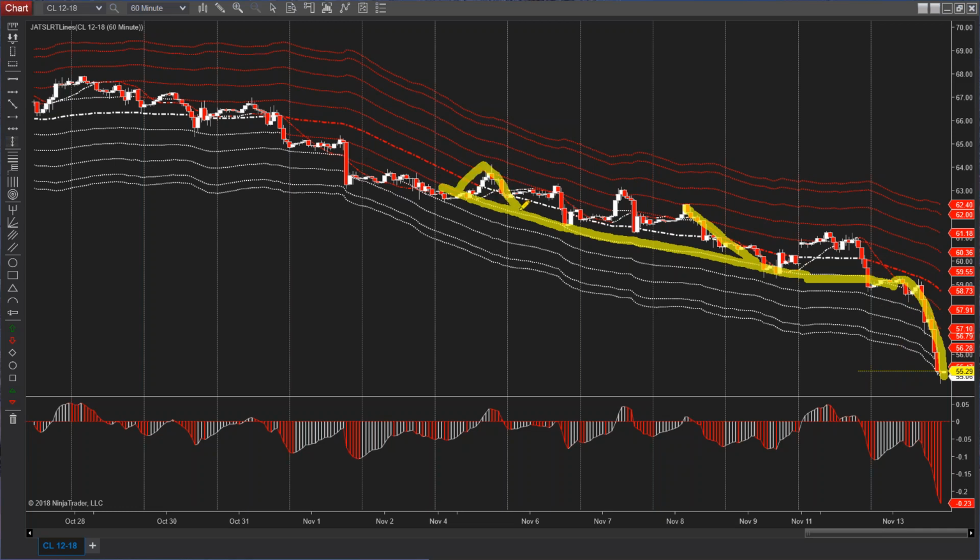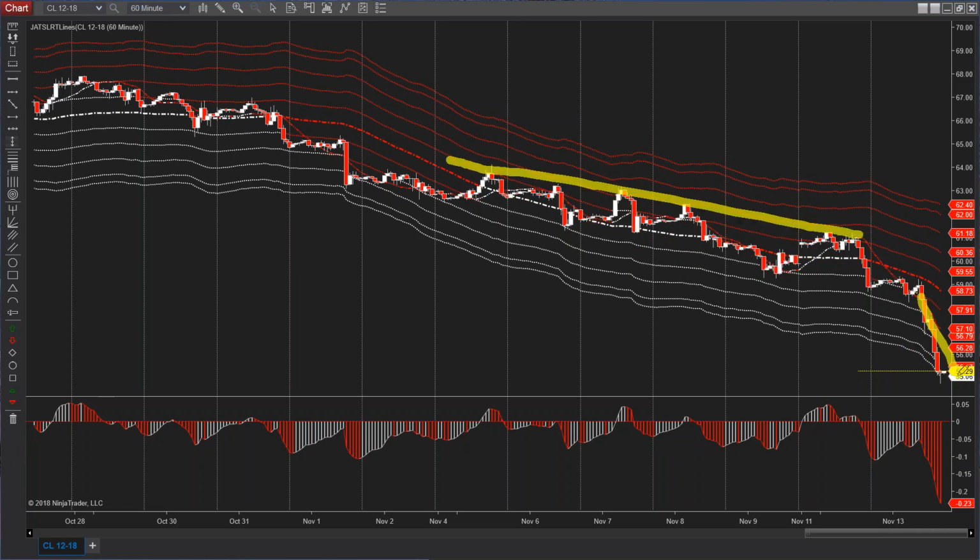So we broke the pattern, and the market's just, this is algos, and this was algos on hyperdrive, but also people just calling the brokers and saying, let me get out. That's what that looks like. So we're going to get a V bottom here, most likely.